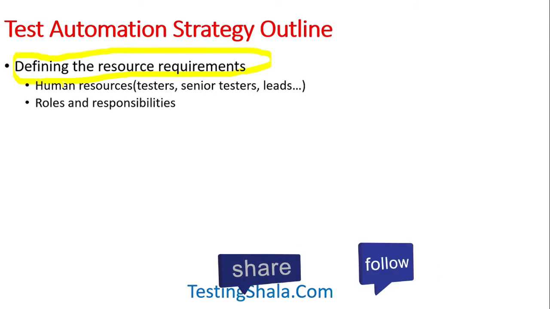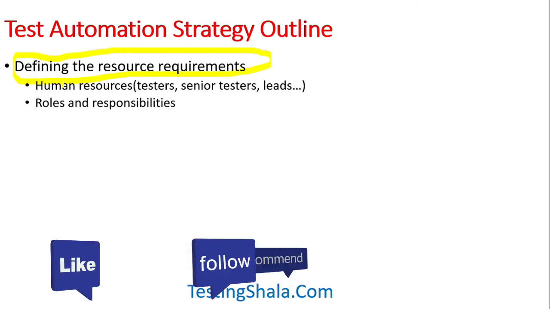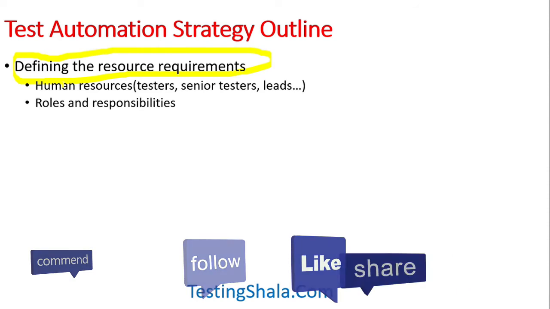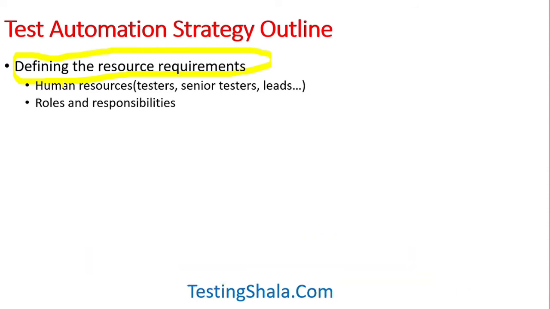Who is going to take responsibility for it? That needs to be clearly defined and called out, because at the end of the day, someone should own this activity and someone should deliver it. Hence, the clear bifurcation of roles and responsibilities for test automation needs to be called out in this test automation strategy.